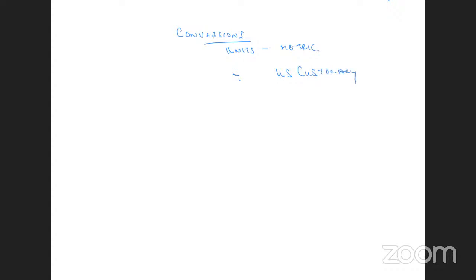Now, conversions could be within metric systems, like centimeters to meters, kilometers, or meters to kilometers. That is within this system. Similarly, if it is US customary, it could be between the units within these US customary units.